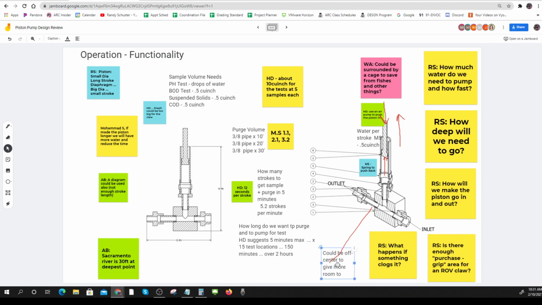That this could be off center so that there's more room to grab, right? So if there's enough room, if you think there's enough room.